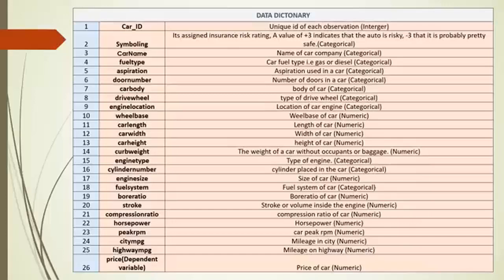Again, door number, car body, drive wheel, engine location, that means the location of the car engine, are again categorical. Wheelbase, car length, car width, car height, engine type, cylinder number, engine size, fuel system, bore ratio, stroke, compression ratio, horsepower, peak RPM, city MPG, highway MPG. These all are affecting price.